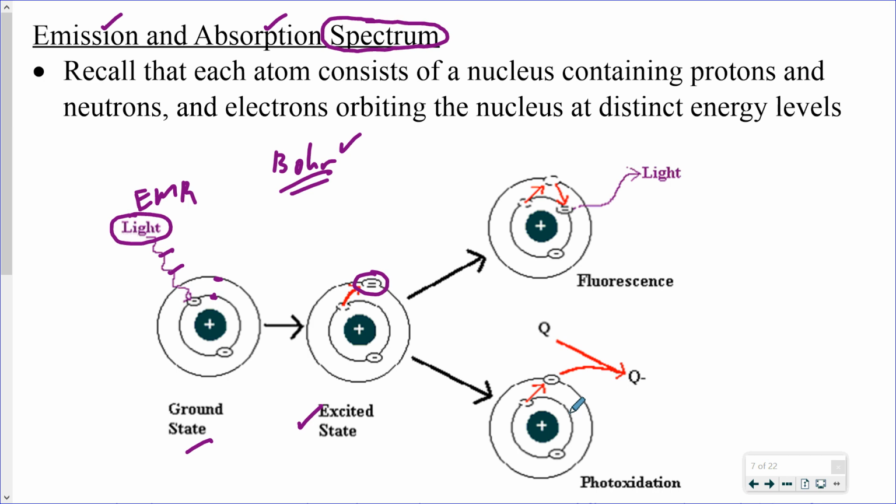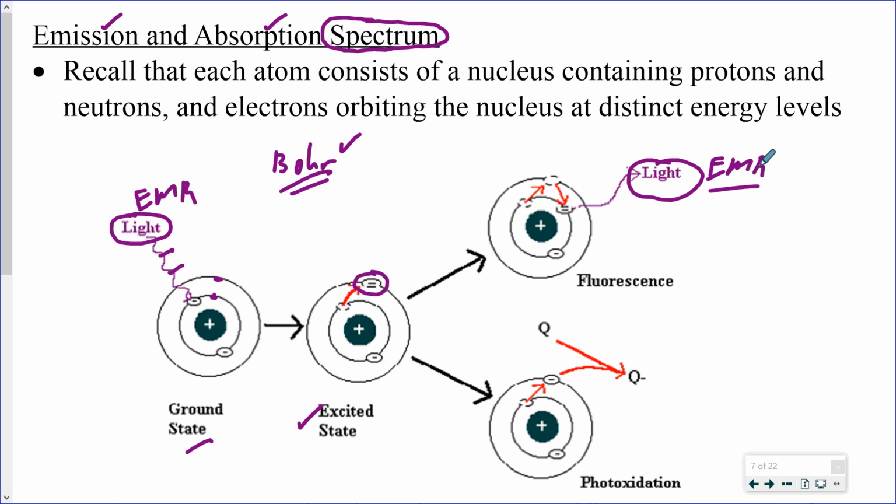From here, we're not too interested in the picture at the lower right-hand side. What we're interested in is the other one, where this electron can fall back down to its ground state once again. And when it does that, it re-releases light or electromagnetic radiation.